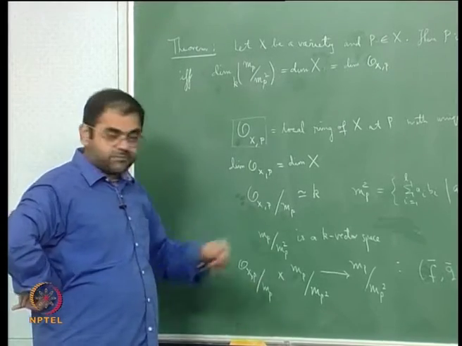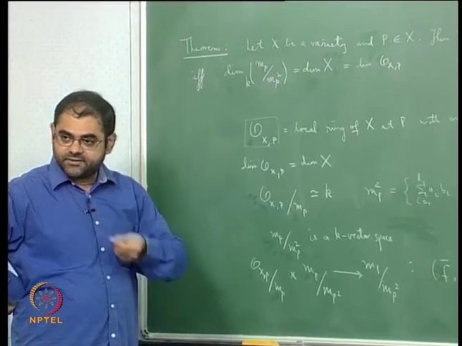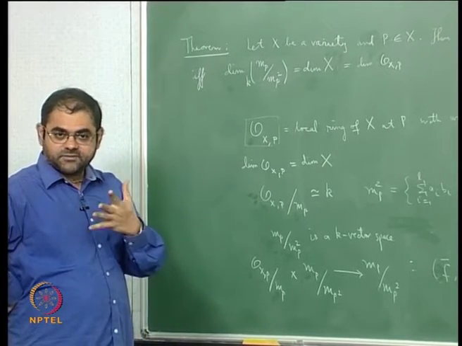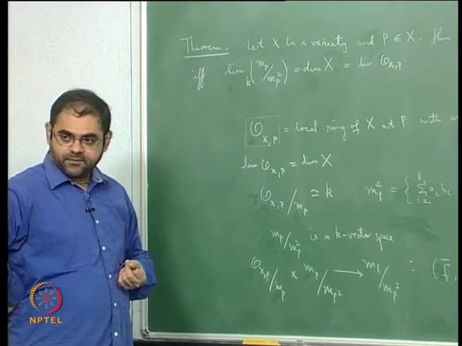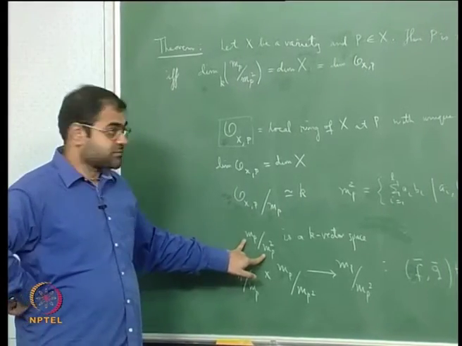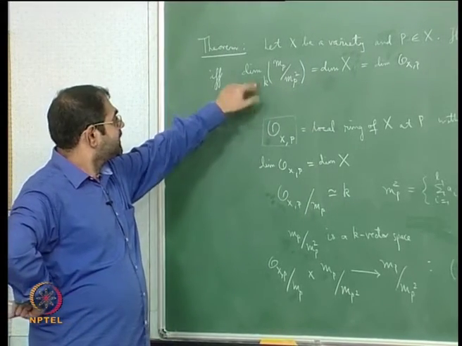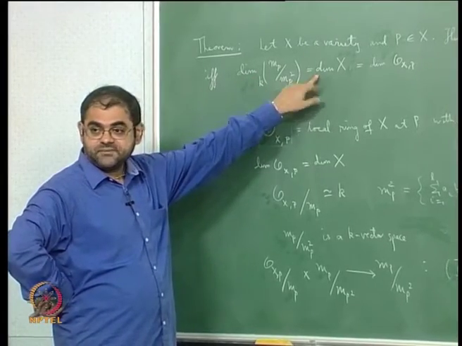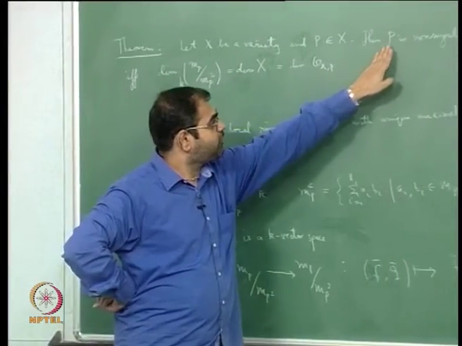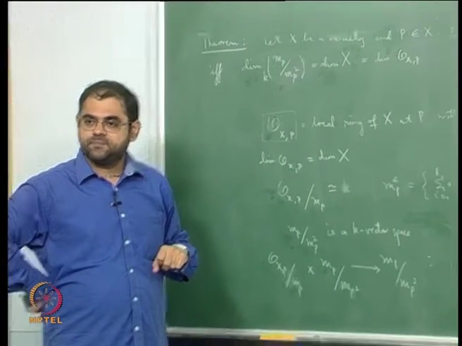So it is a vector space which has finitely many generators, a finite spanning set, so it is a finite dimensional vector space, okay. You calculate its dimension, and if this dimension is equal to the dimension of X, then and only then is the point P a non-singular point.